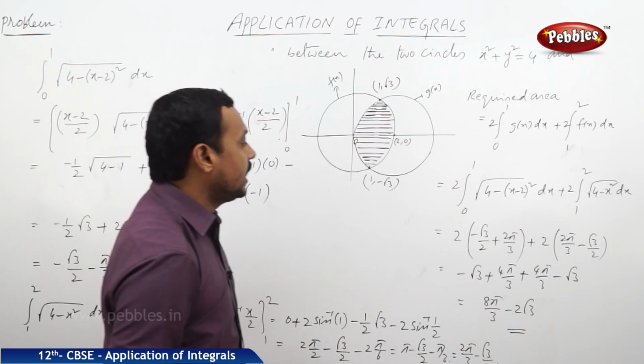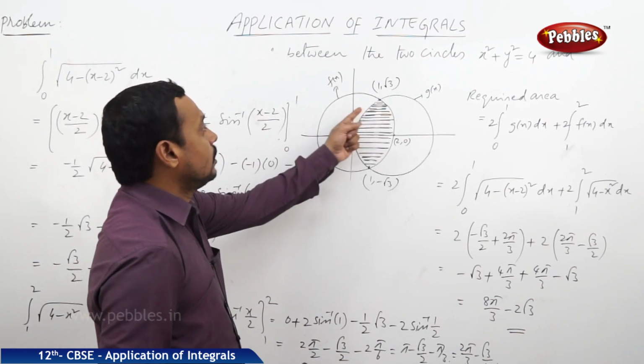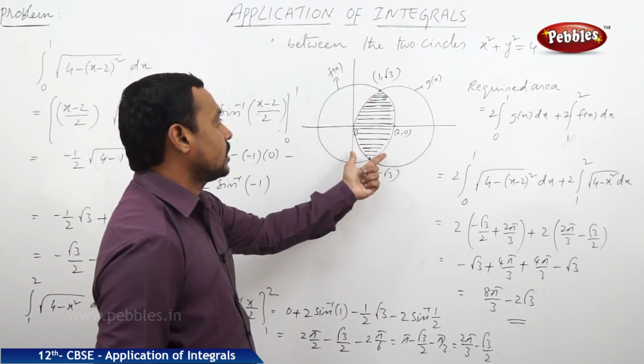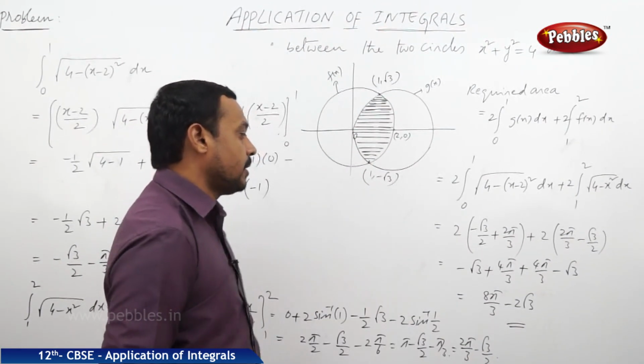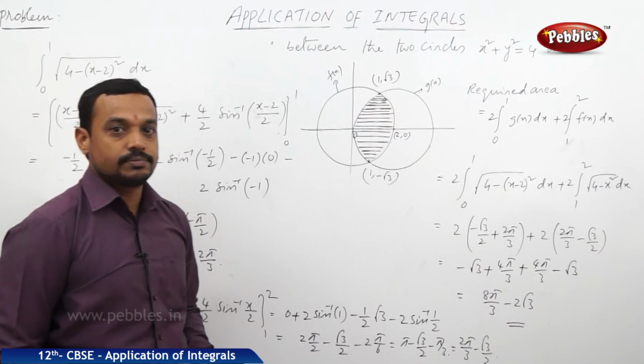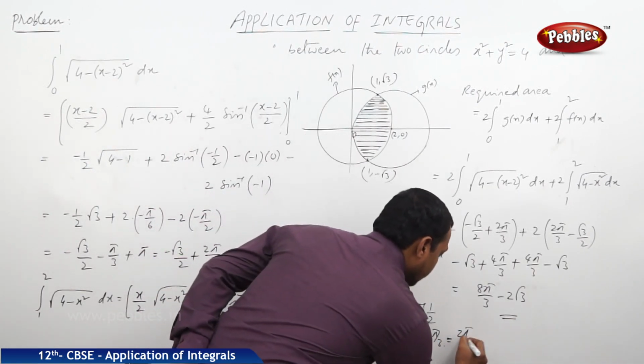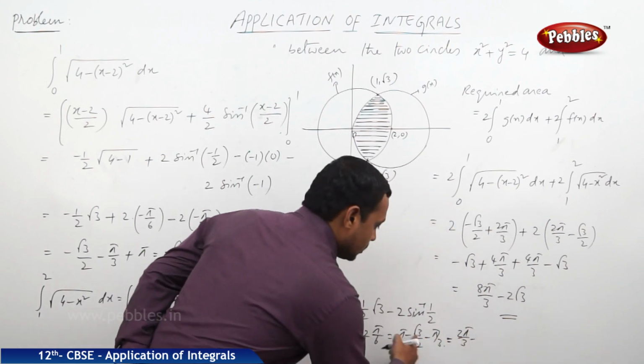Therefore, the area enclosed between the two given circles is 8 pi by 3 minus 2 root 3 square units. Now this is pi minus pi by 3 is equal to 2 pi by 3 minus root 3 by 2.